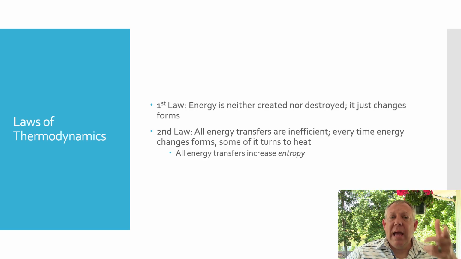You can't make new energy, you just change it from one form to another. That's the first law. When you change energy from one form to another, you always lose a little bit to heat. That's the second law. And eventually, all the energy in the universe will be converted to heat. That's called the thermal death of the universe. Not anything for us to worry about in the immediate future.